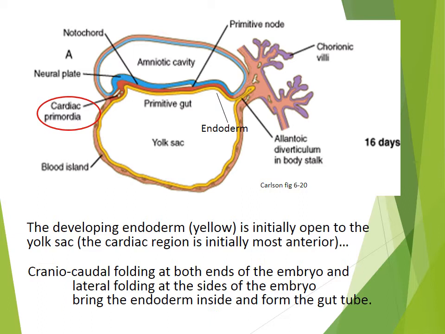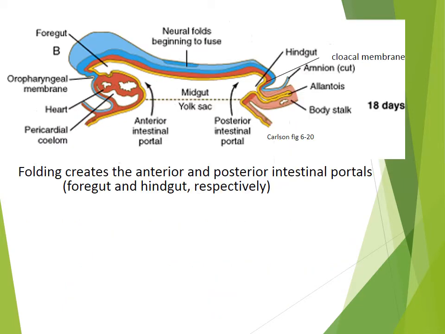So that process which brings the endodermal lined yolk sac inside into the gut tube starts at the 4th week of the development, when there is the initiation of the cephalocaudal and lateral folding.